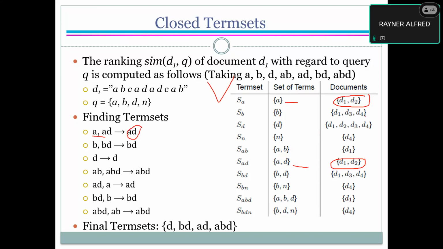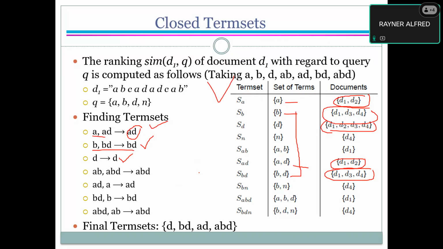The next one is this and this, because they have the same document. So we take B combined with BD, so we have BD. Next one is D. For D, we only have one, so that one is okay.